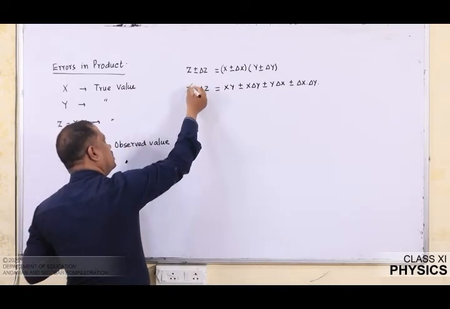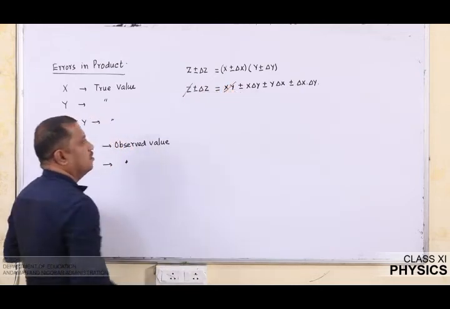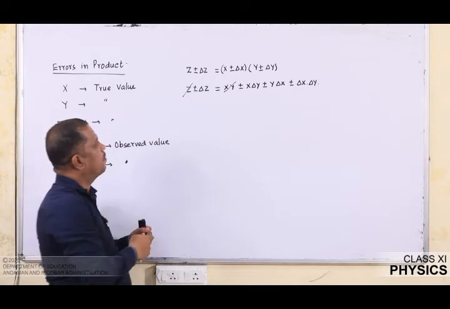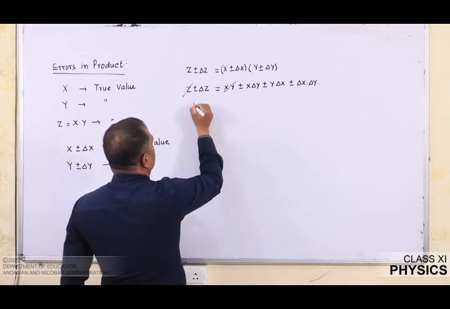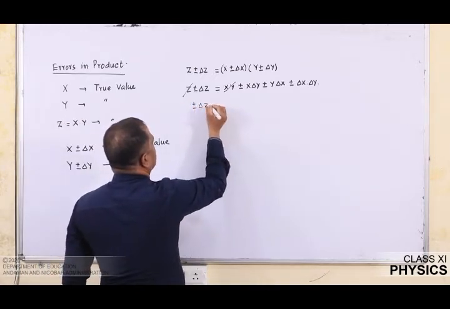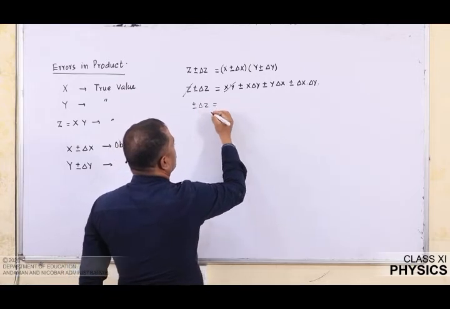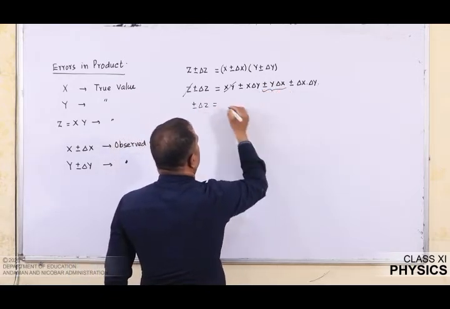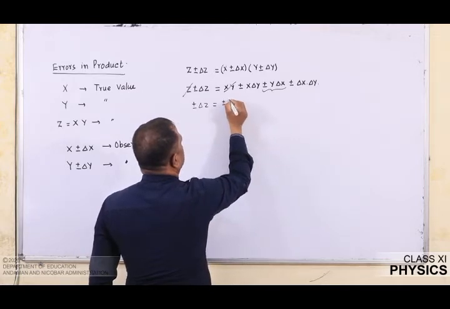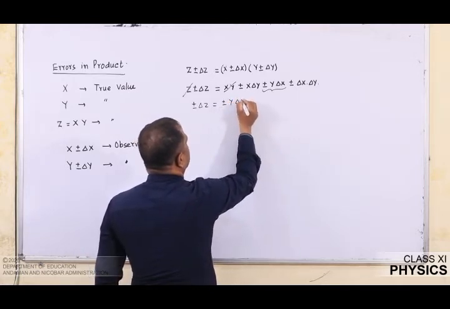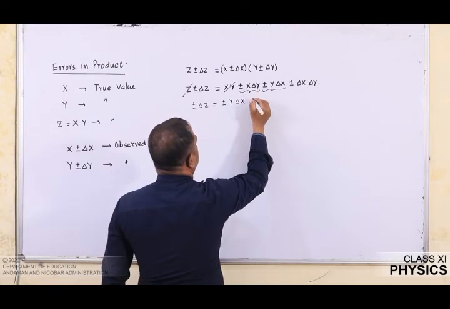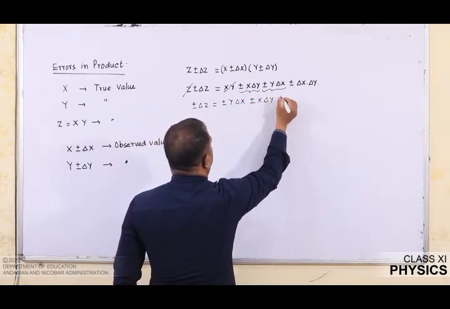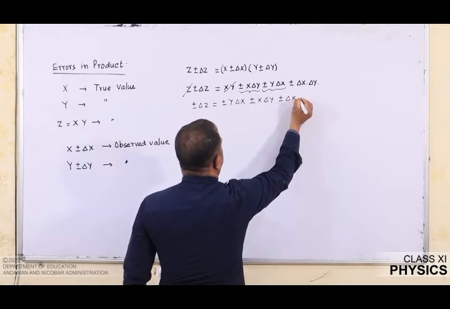So, here I have z, I can remove. As such, I am left with plus or minus delta z is equal to, I will write this term first, plus minus y delta x. Second, I am going to write this term, plus minus x delta y, and finally, this is delta x times delta y.